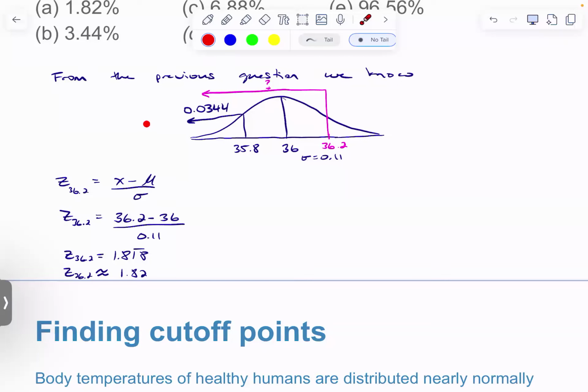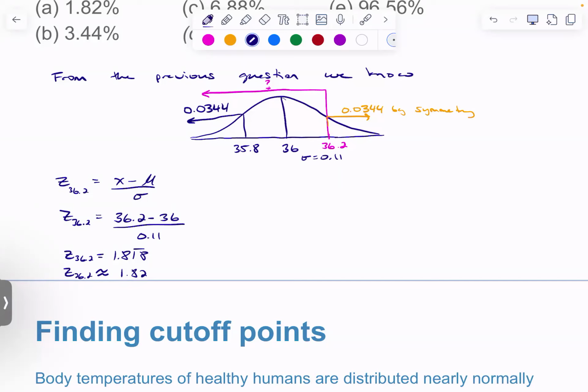It's not something I'm expecting of you now, but eventually you'll start to say, couldn't I shortcut this? If they're the same distance from the mean, then shouldn't this area also be 0.0344 by symmetry? I'm going to assume we're not quite there yet, but if you are, that's great. You can save yourself some work.